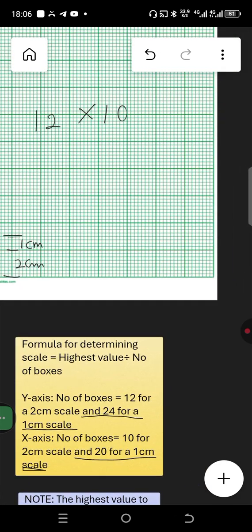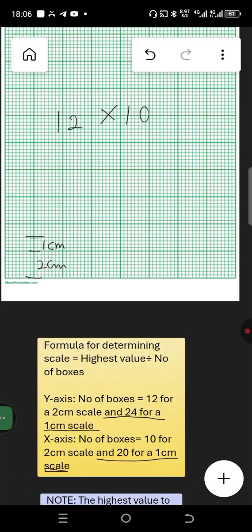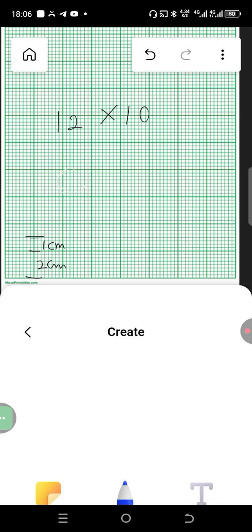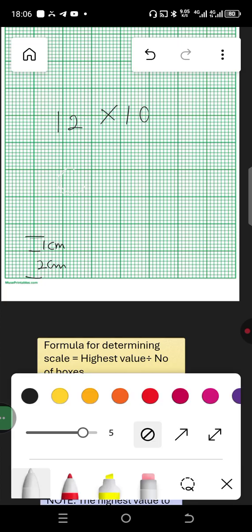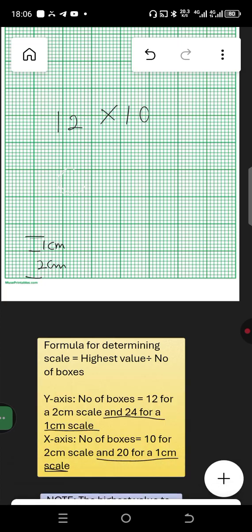Remember that what we mean by the number of boxes, one square like this is what we are calling 2 centimeters.